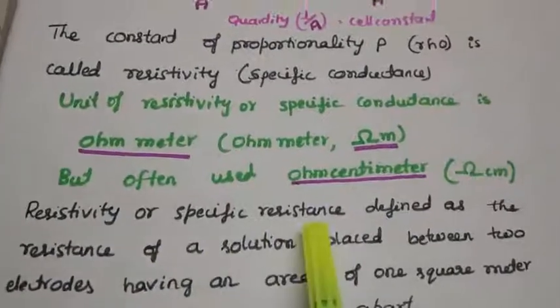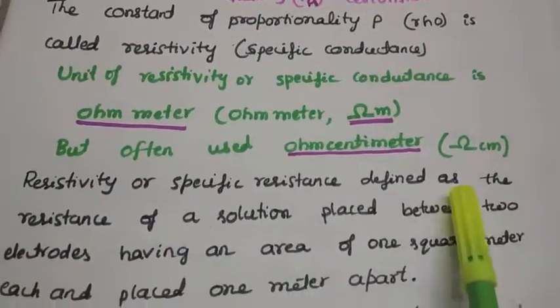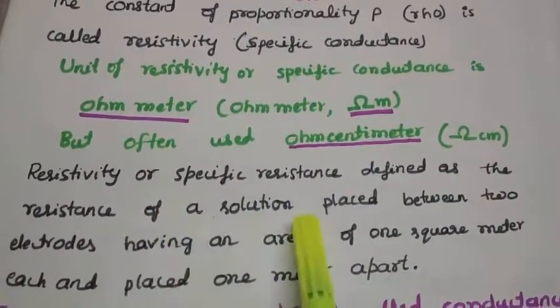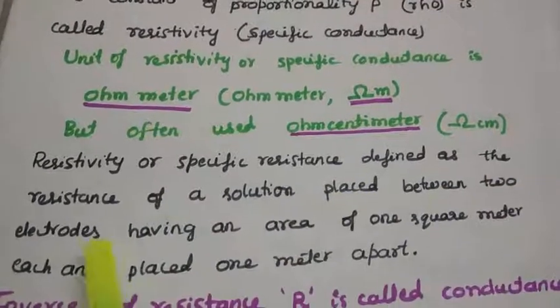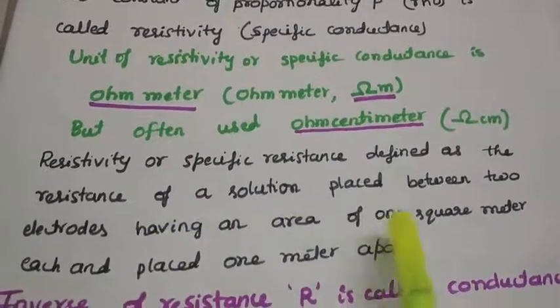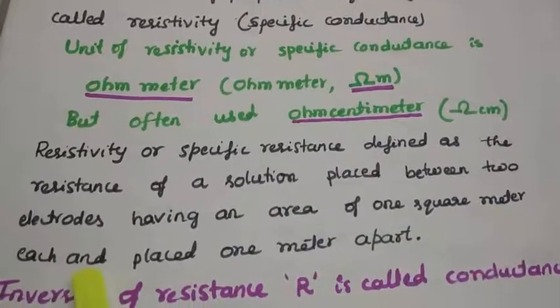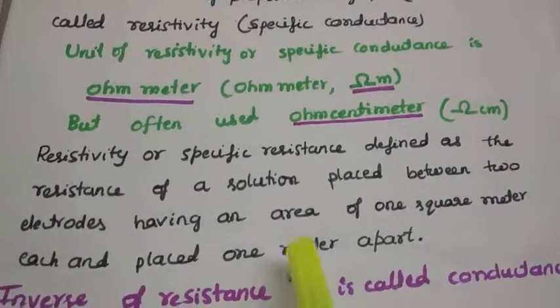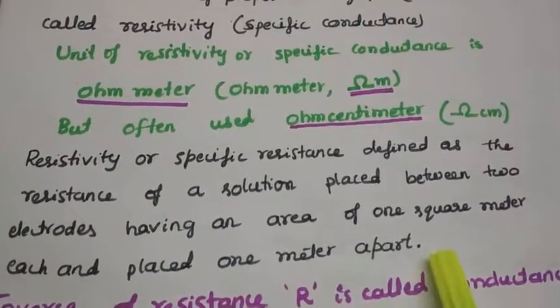Resistivity or specific resistance is defined as the resistance of a solution placed between two electrodes having an area of 1 square meter each and placed 1 meter apart.